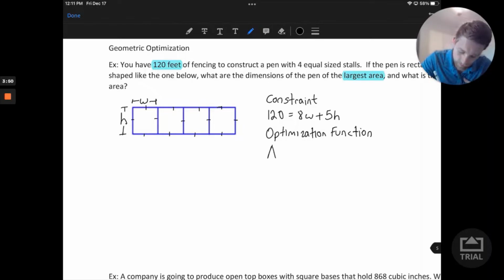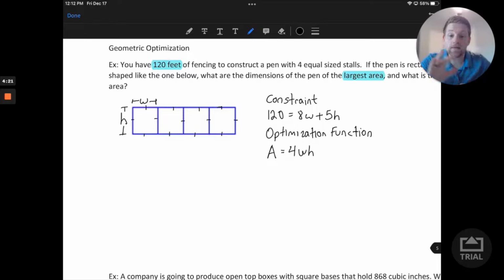W times H would be the area of one of these, but here I'm going to have 4 different stalls of W times H. So we can say that the area is going to be 4WH. And that is the quantity I want to maximize in this case.